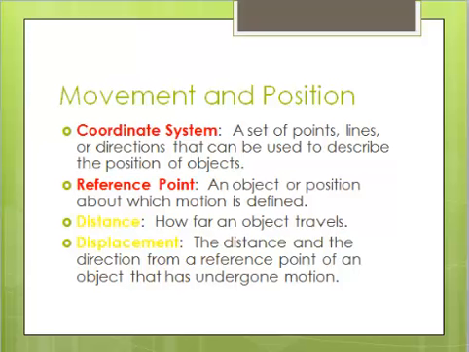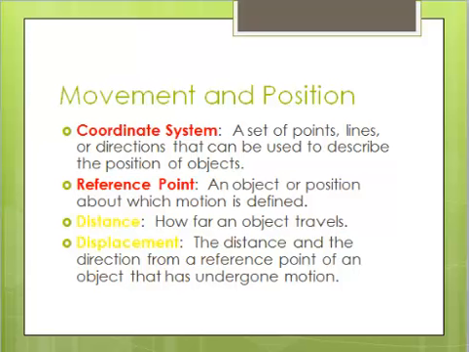A reference point is an object or position about which motion is defined. So a coordinate system is an exact set of points, lines, and directions, whereas a reference point doesn't always have to be exact. For example, if you were flying a kite and you said, "My kite got as high as that tall oak," that's not an exact point. You're not saying it got 23 feet in the air. It's more of a reference.